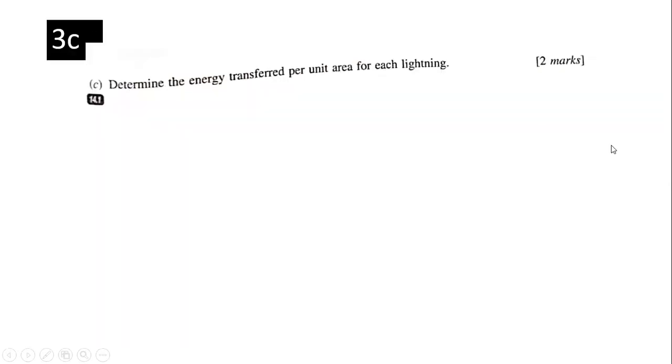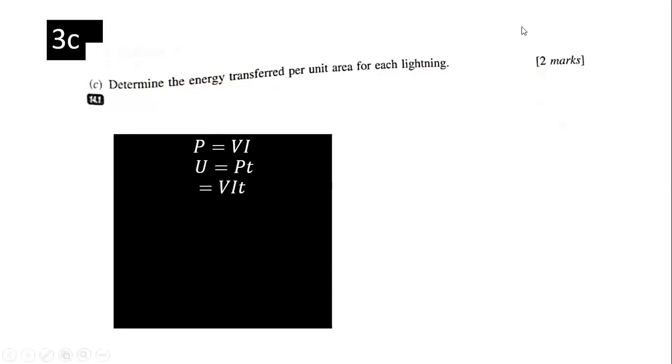Determine the energy transfer per unit area for each lightning. How to calculate? What formula to use? P equals to VI. Right? P equals to VI, okay. U is just your Pt.